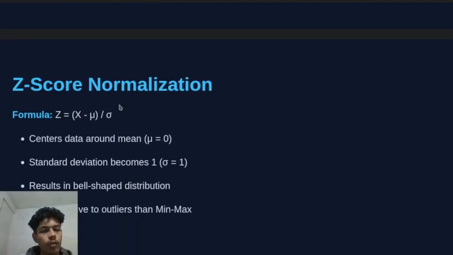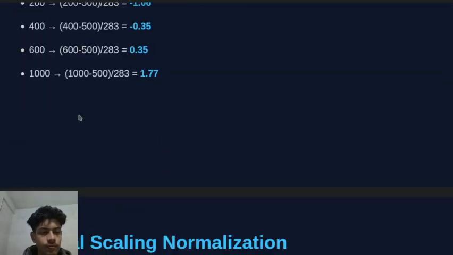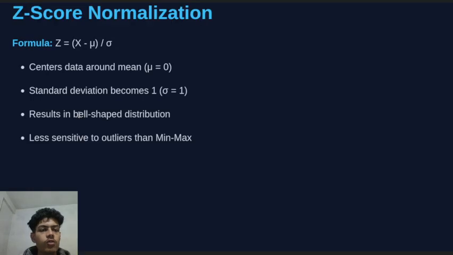So the z normalization calculation will be x minus mu upon sigma, where sigma is the standard deviation, mu is the mean, and x is the value given in the data. Z score normalization is less sensitive to outliers than min max.